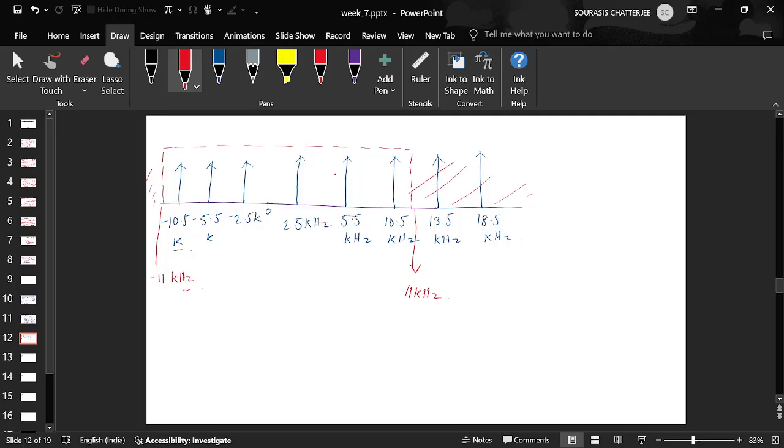So you can see we have three sinusoidal components, one at 2.5 kilohertz, another at 5.5 kilohertz, and then the next one at 10.5 kilohertz. So these are the three sinusoids that the low pass filter will actually let pass.